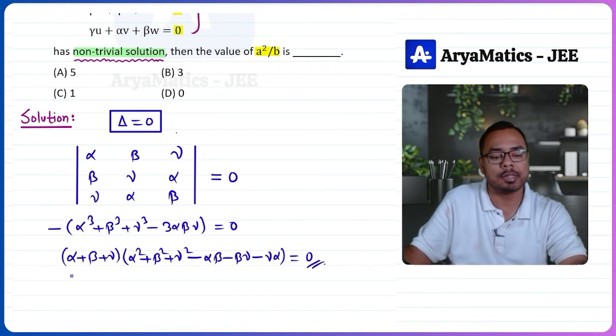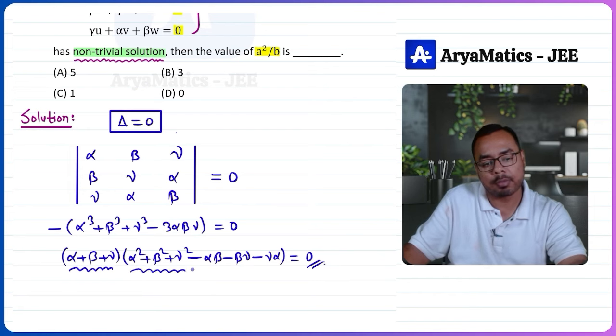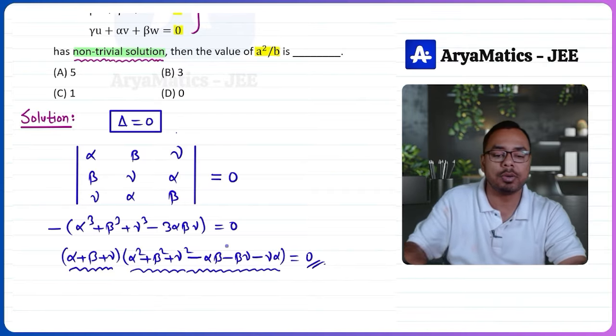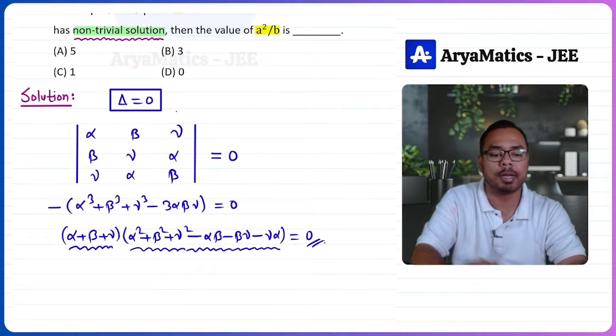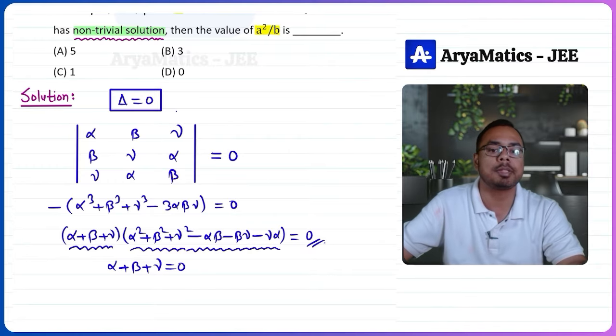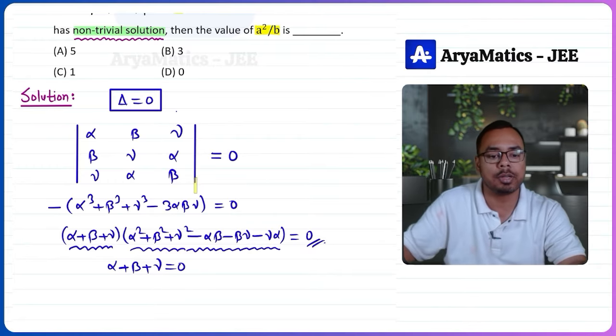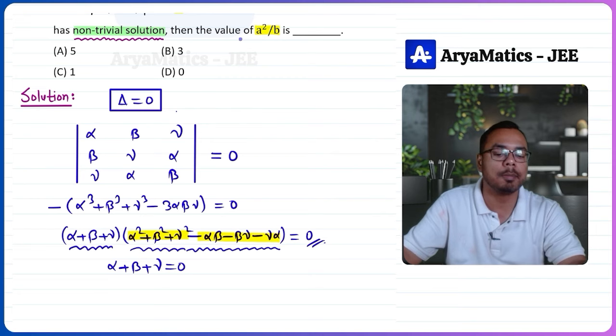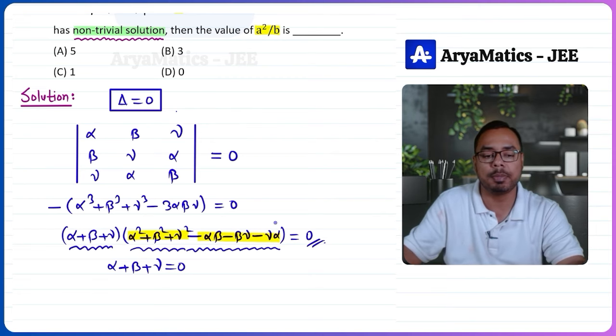Now, there are two factors here. One is alpha plus beta plus gamma, and the other one is this quadratic factor in alpha, beta, and gamma, right? Now, if the product of these two is 0, then there are two possibilities. Either alpha plus beta plus gamma will be 0, or the second term is 0, which means alpha square plus beta square plus gamma square minus alpha beta minus beta gamma minus gamma alpha should be 0.